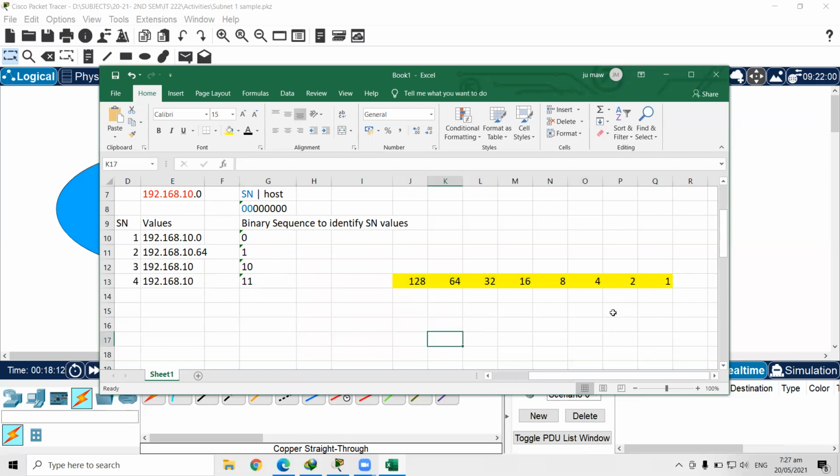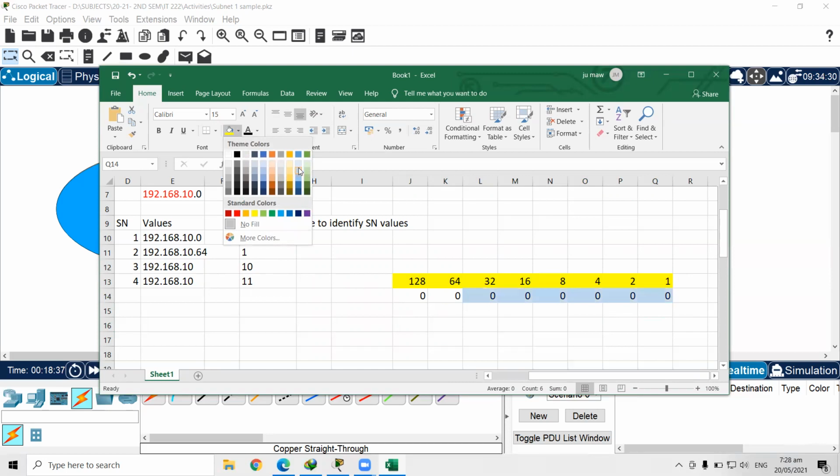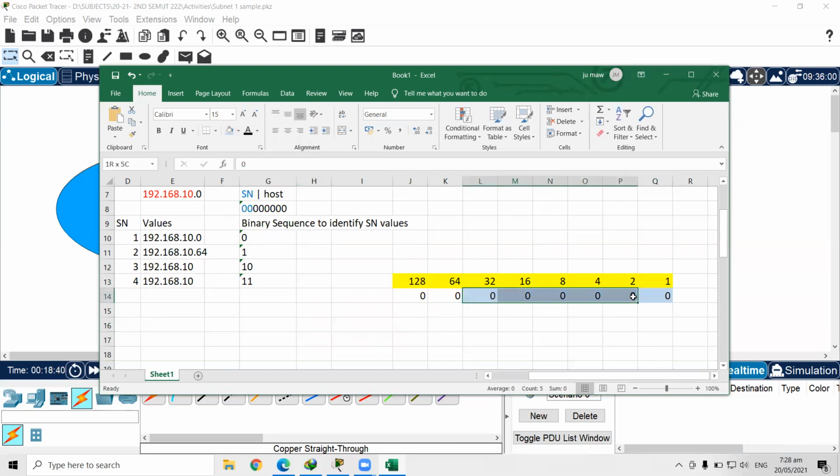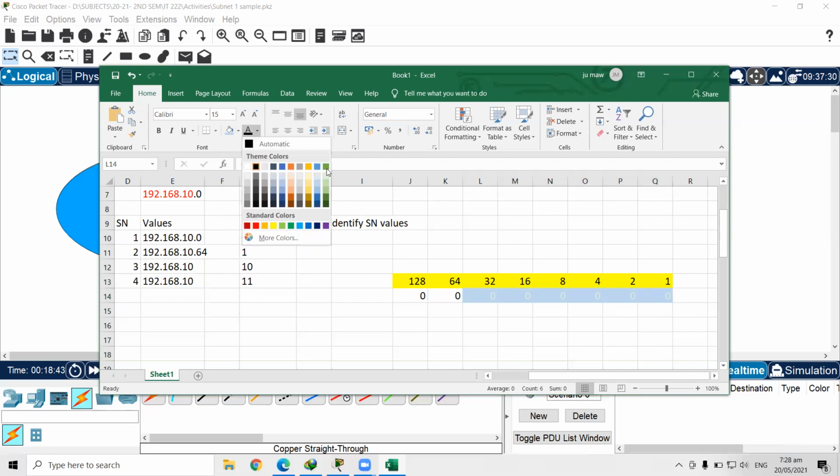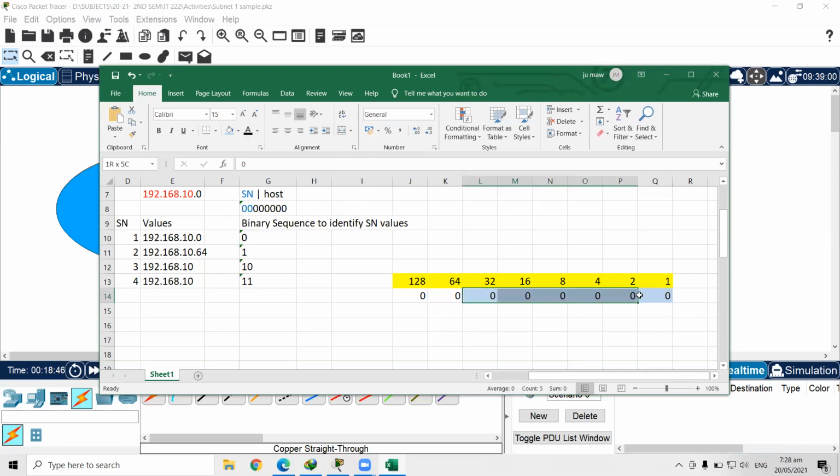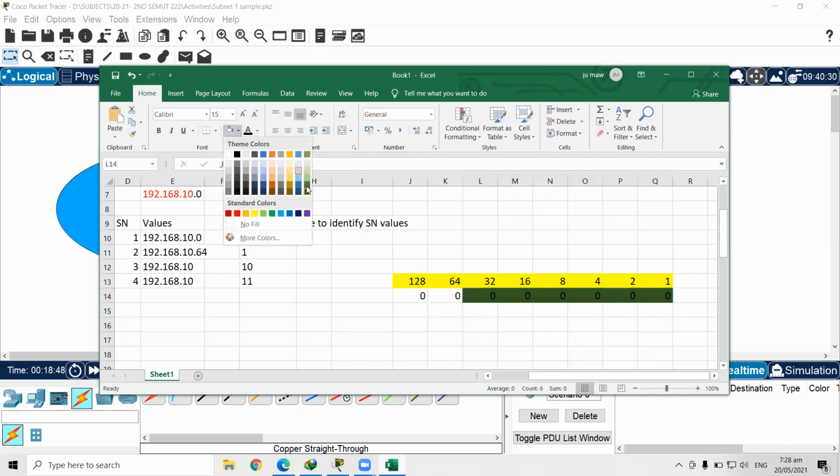Sa octet mo, di ba 8 bits yung octet? Ito na yung 6 sa host portion mo.